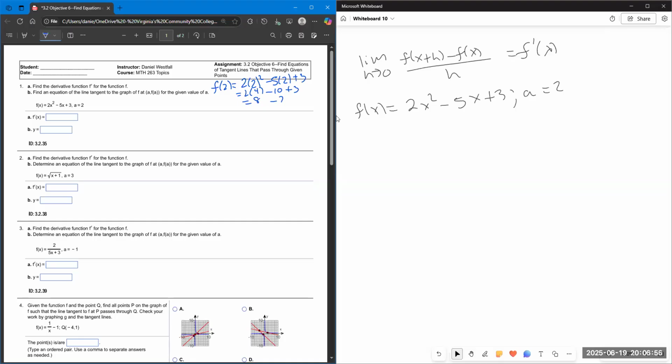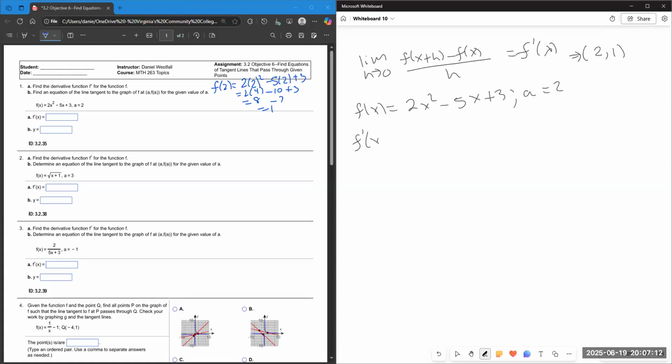This is 8. That's going to be 1. So that implies the point 2, 1 is on the graph, and we'll hang on to that for later.